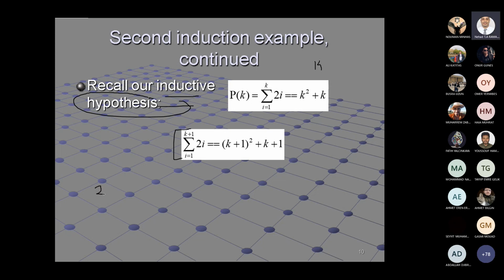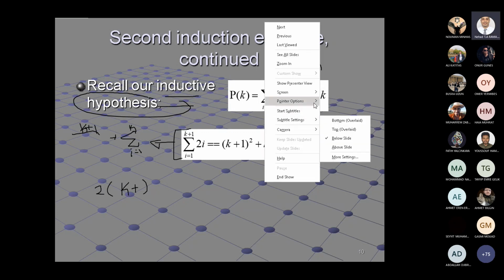So 2 times k plus 1, plus the summation for i equal 1 to k. Same idea always.